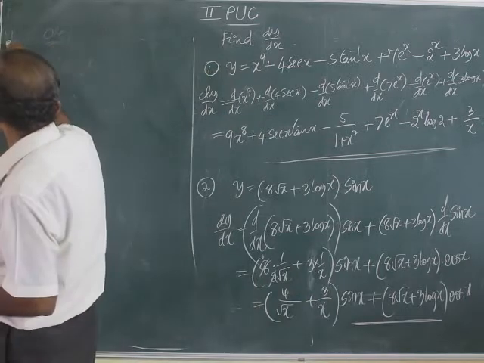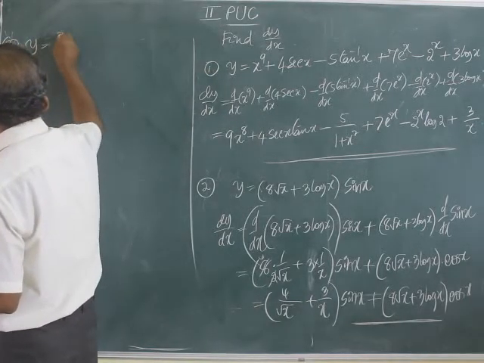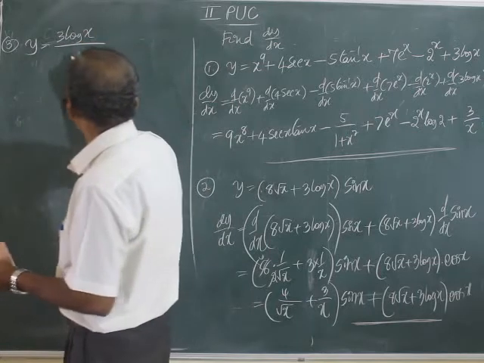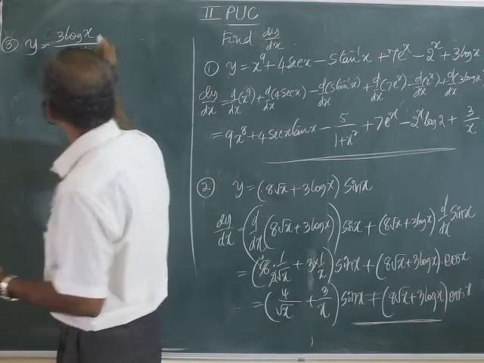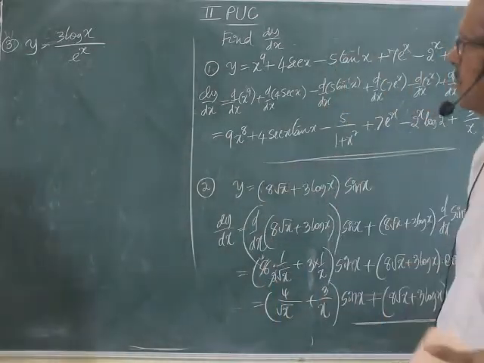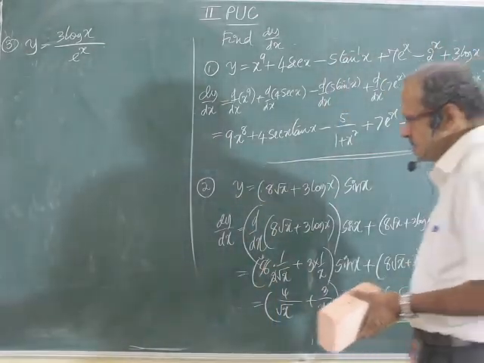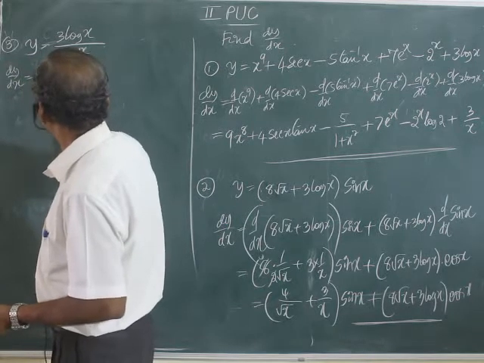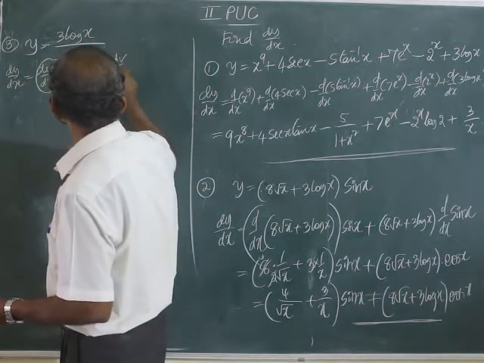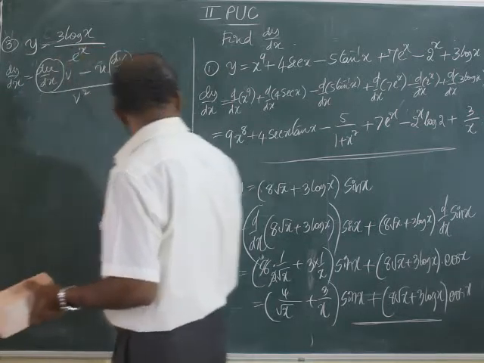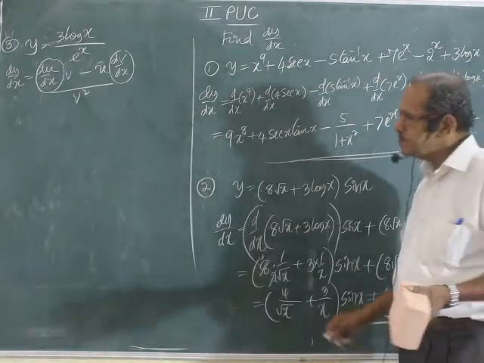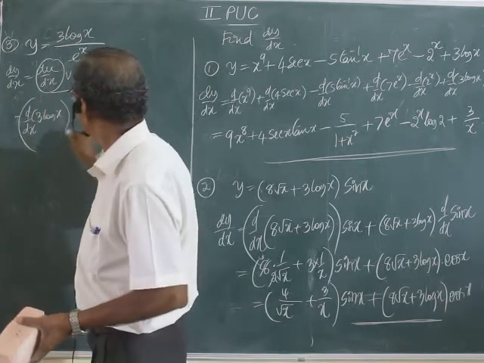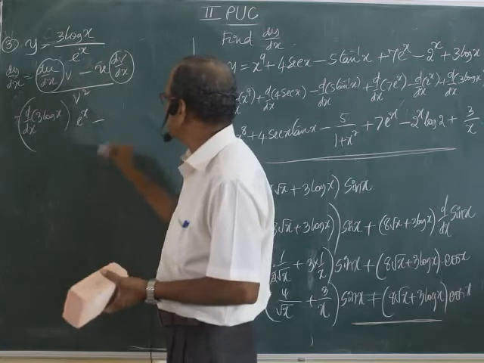Quotient formula problem. Third one, y equal to 3 log x divided by e to the power x. dy by dx is du by dx into v minus u into dv by dx by v square. d by dx of 3 log x into e to the power x as it is.